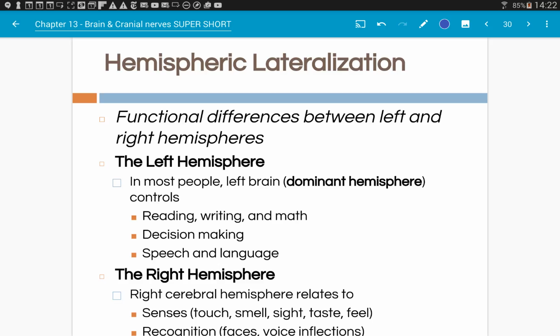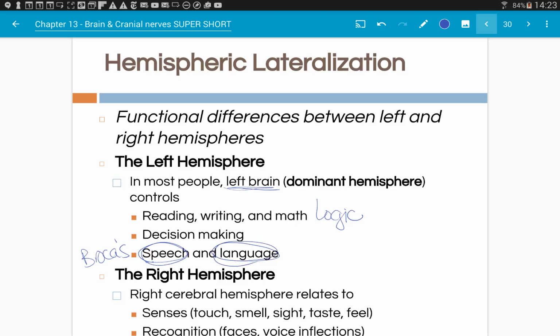That's kind of what they're referring to. So the most common one, as we said, is the left brain. And so the left brain is really good at things like school, reading, writing, math. So these are like logic types of things, analyzing, making decisions, speech, language. Because remember, the speech center is on the left hemisphere only. That's your Broca's. And language is also in the left hemisphere only.